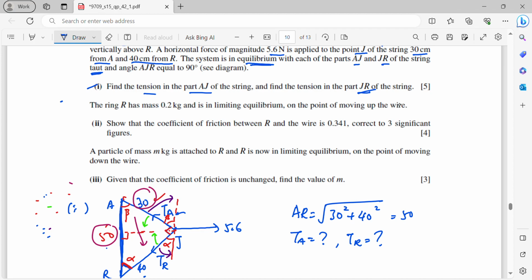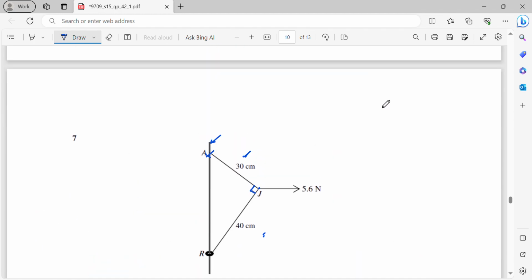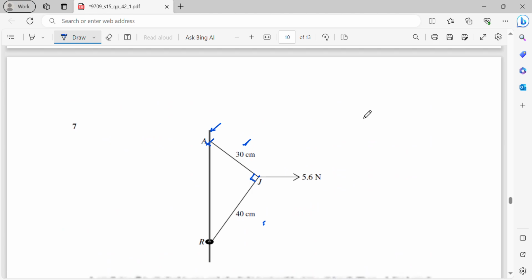Now, the ring R has mass 0.2 kilograms and is in limiting equilibrium on the point of moving up the wire. So show that the coefficient of friction between the R and the wire is 0.341, correct to 3 significant figures. Okay, so now when you look at the diagram here, there is the ring R here.